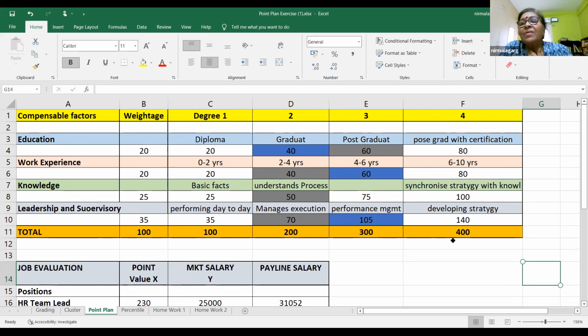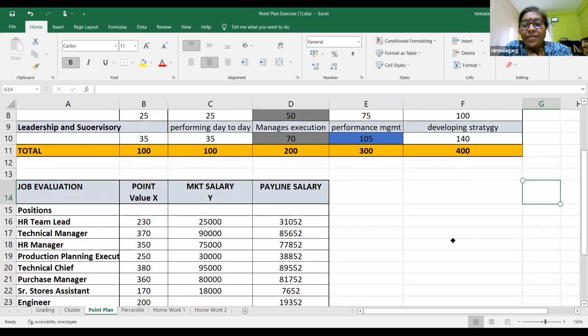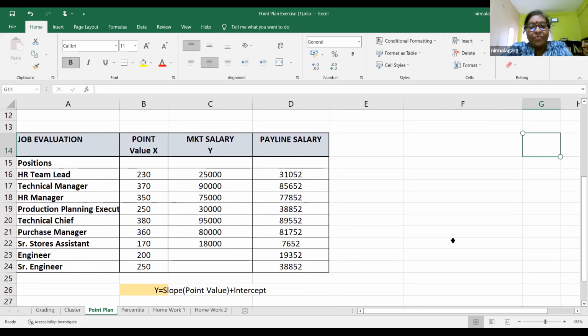Okay. Now, having said that, again you have to get the market data per month for these jobs. So if you see that there is market data also here, let us just go by these points. Now you know that first step. Now you have to be very, very careful and please listen.